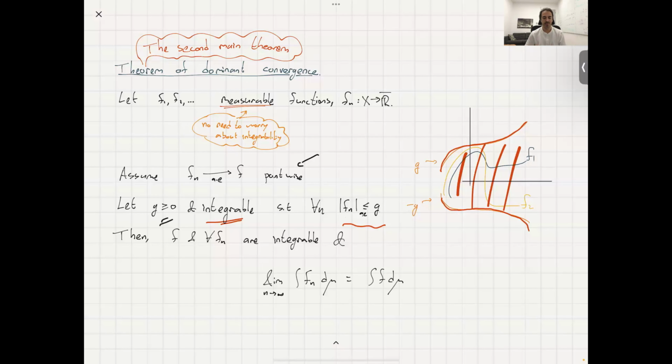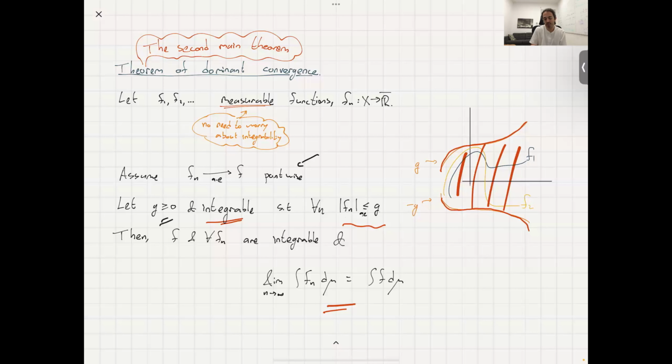Okay, so that's already something interesting, right? Once you are dominated by an integrable non-negative function, you are integrable if you are measurable. And not only that, as you imagine, you can exchange the order of the limit and the integral, right? So you get this thing. That's a very strong theorem.